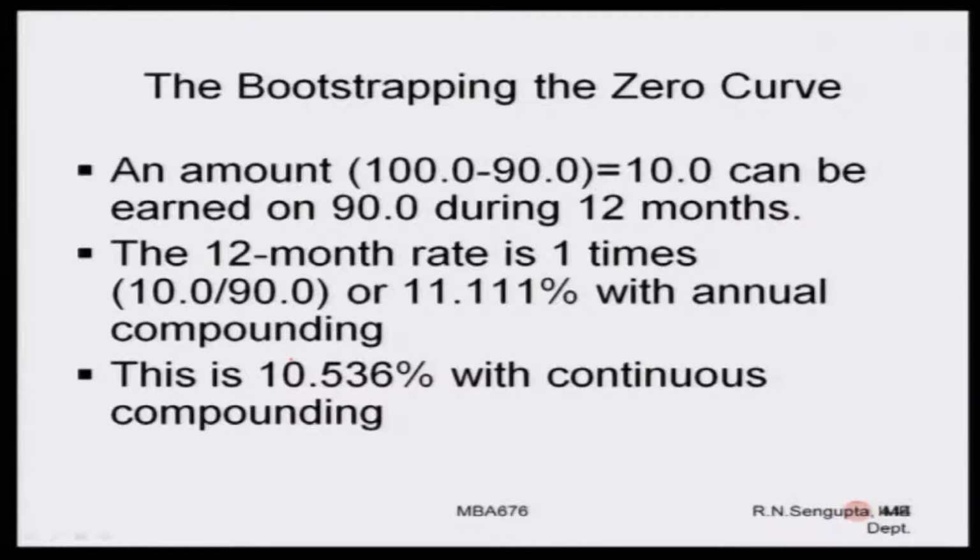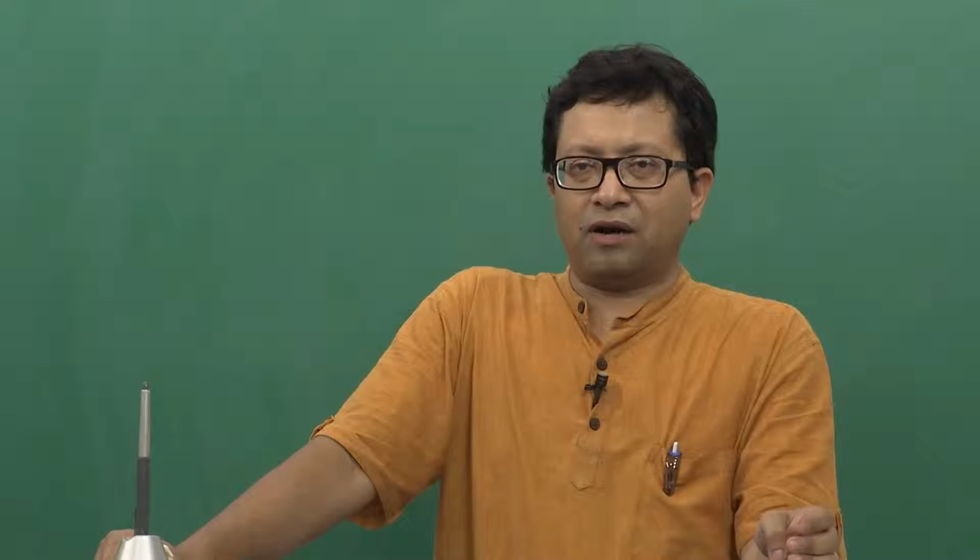Now consider the third row. The face value is 100, and the amount after demand and supply is taken into consideration is 90, so the gain is 10, in rupees or dollars, obtained after 12 months.